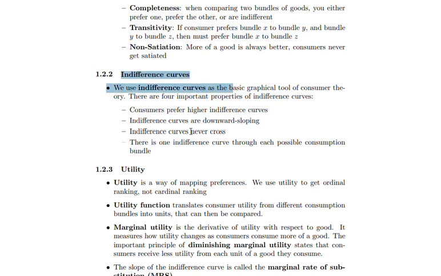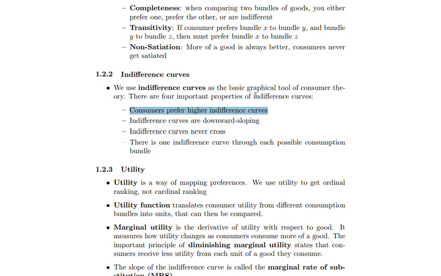we use the indifference curve as a basic graphical tool of consumer theory. And there are four important properties of indifference curves. The first is consumers prefer higher indifference curves.